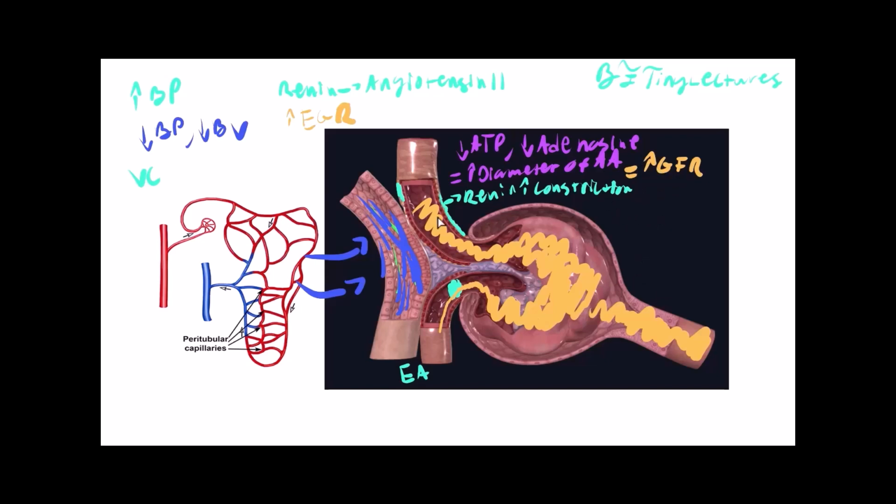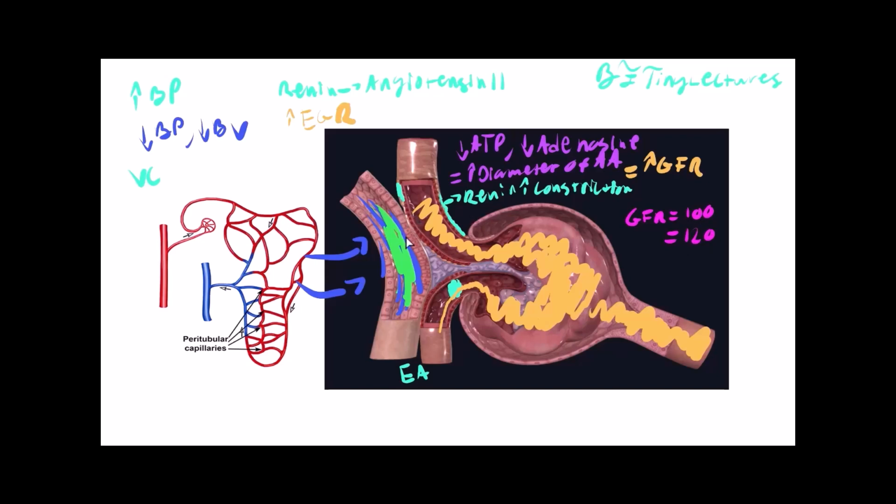Initially, before we had all this solute, before we had all this sodium, let's say that our GFR was equal to 100. But when we had too much sodium, the GFR was, let's say, 120, which is too high. It's really exaggerating, but let's say that it was 120.